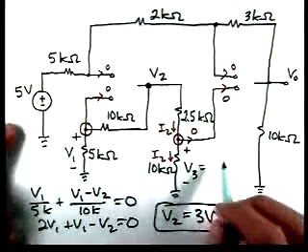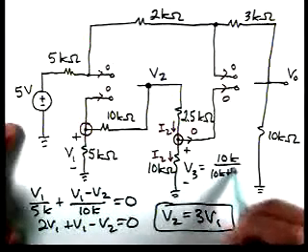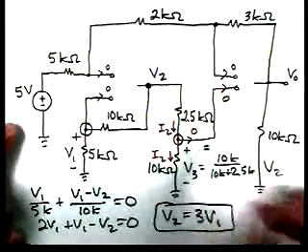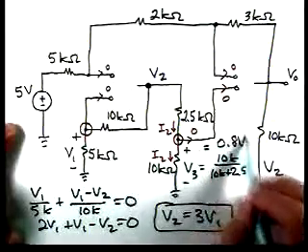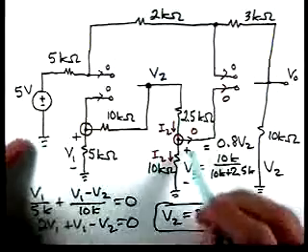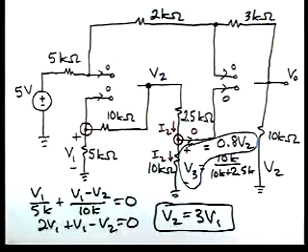So then V3 is 10K over 10K plus 2.5K times V2, and if we calculate that, V3 is equal to 0.8 times V2. So now we've got relationships between V2 and V1, also between V3 and V2. So let's continue our analysis.